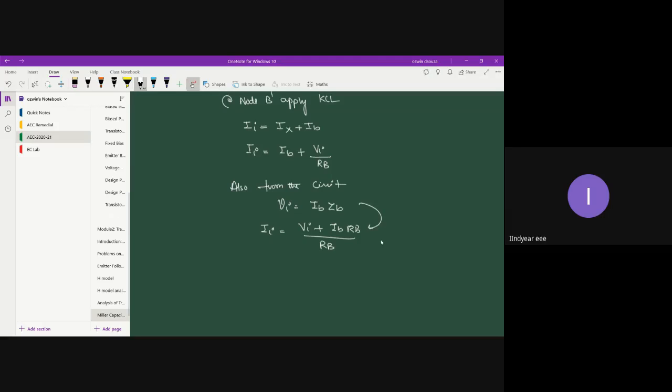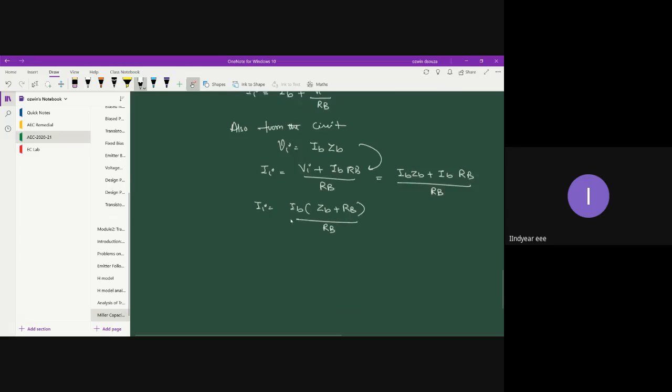Or you can substitute here. So this becomes IB ZB plus IB RB divided by RB. Or II is equal to, taking IB common, IB times ZB plus RB, divided by RB.